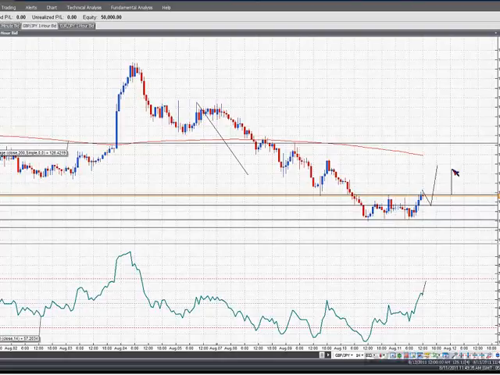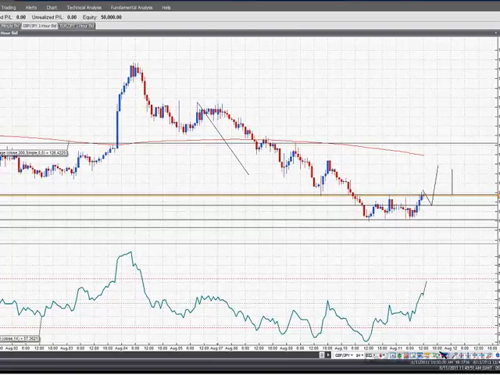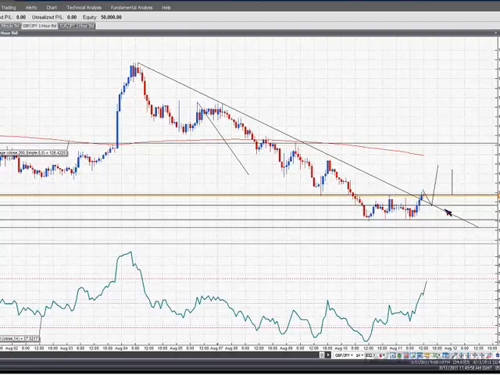This rally, let's see, tells me 125.75 area. Okay, let's take a look. This trend line here as well. Okay, but I wouldn't be very bullish on this pair until we break above our 127 pivot.